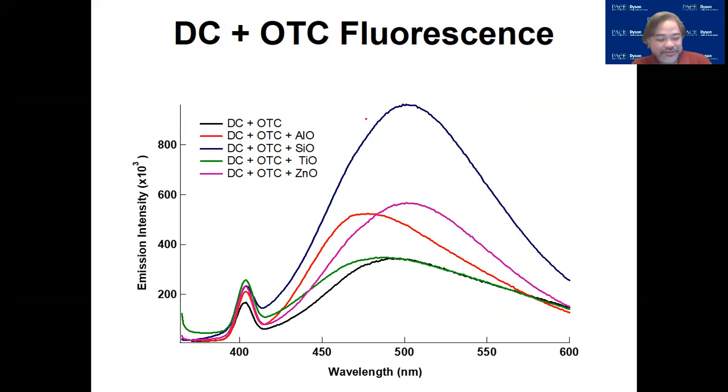Okay, and we also have the mixture there. If you look at the mixture, it has the lowest emission intensity compared to the ones that were mixed with nanomaterials. And the one that has the highest, just like in the doxycycline and the oxytetracycline on their own, is the one that is added with silicon oxide.